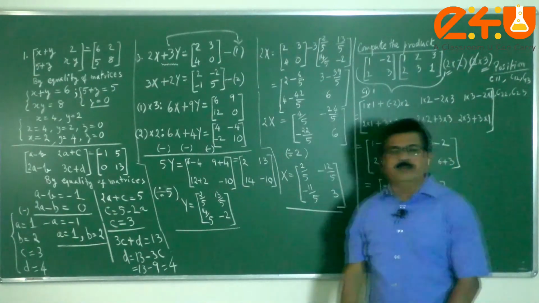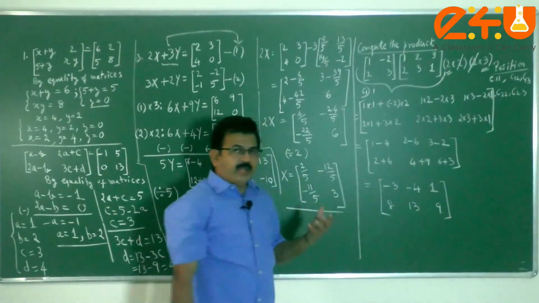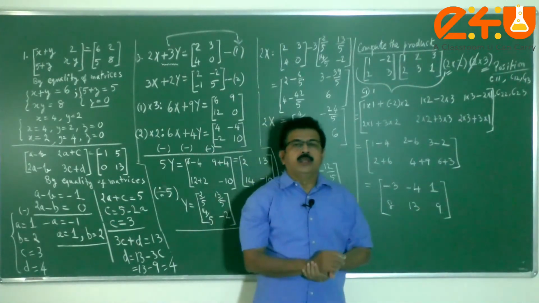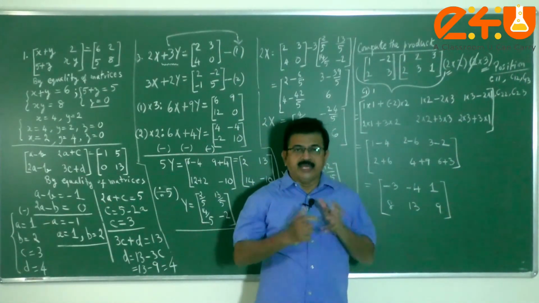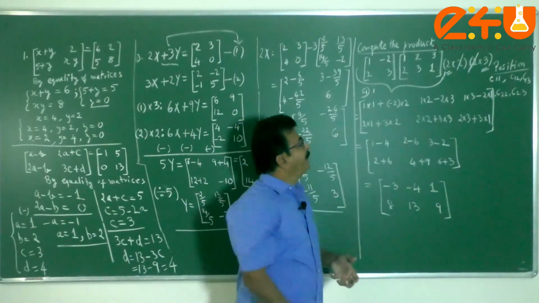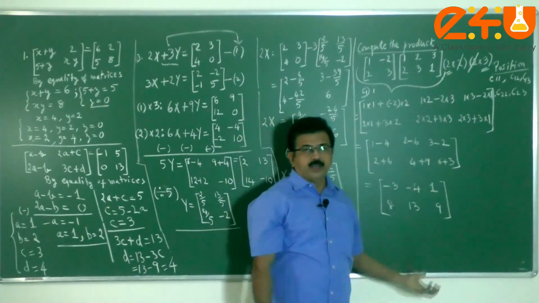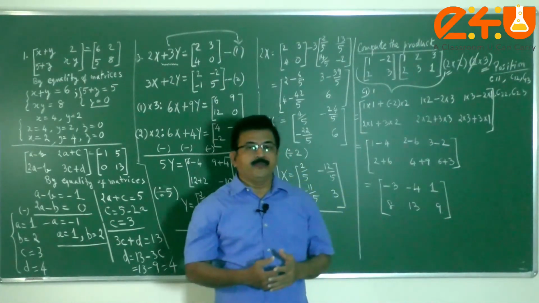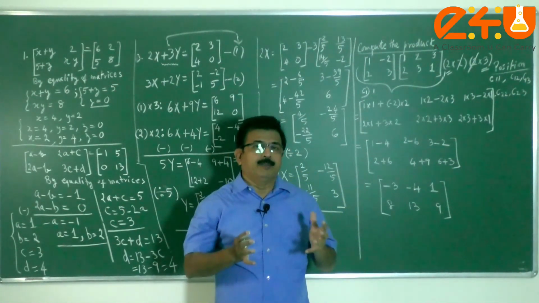When you become familiar with the product of matrices, the student is ready to take up any order. So how to complete the product? First thing, the student should be mentally ready for filling the product matrix.